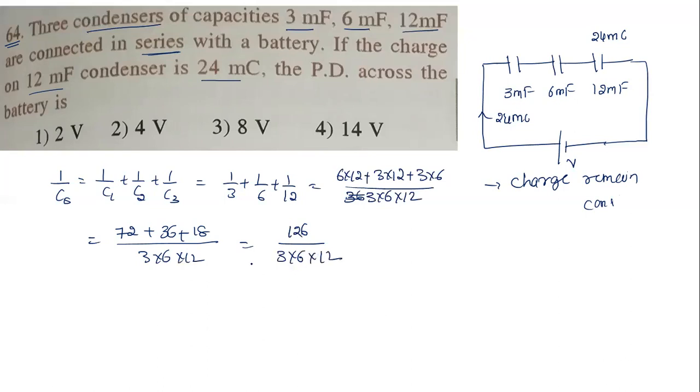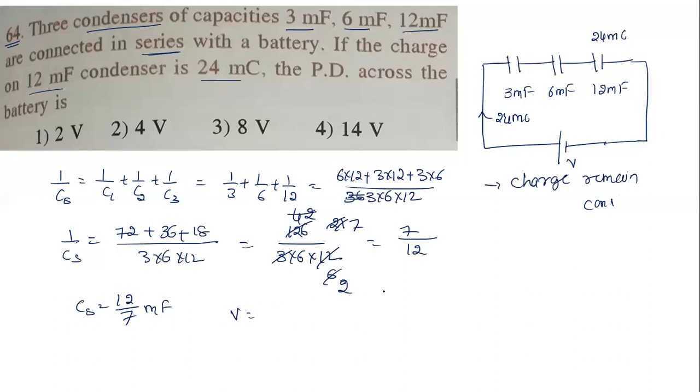Simplify this one now. This is 1 by CS. Cancelling, it will become 7 by 12. So then CS equals 12 by 7 millifarad. Now we need to find the total potential.